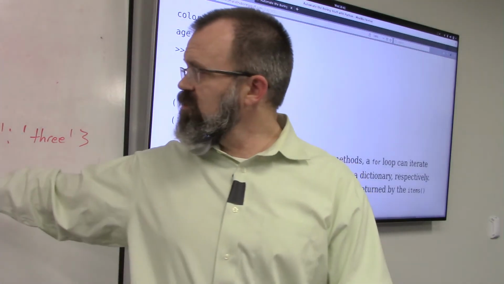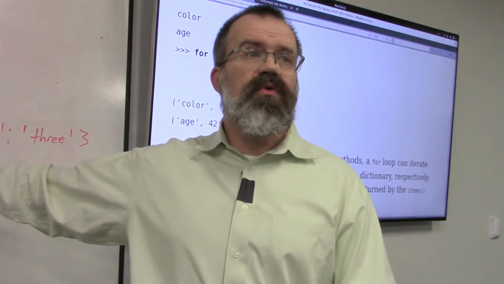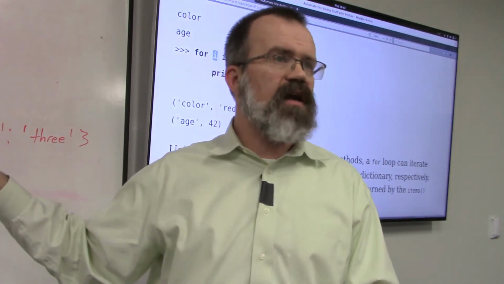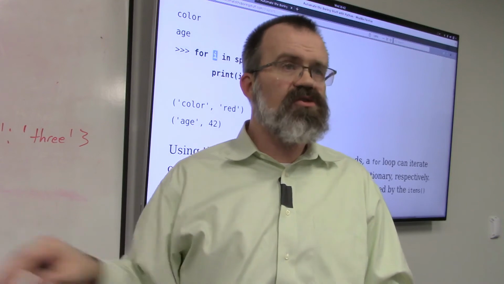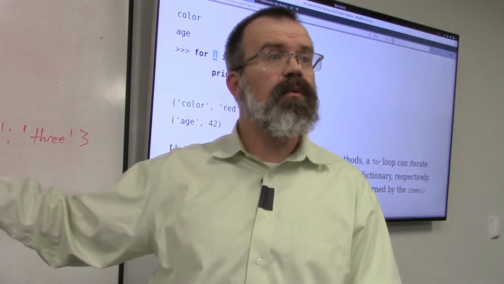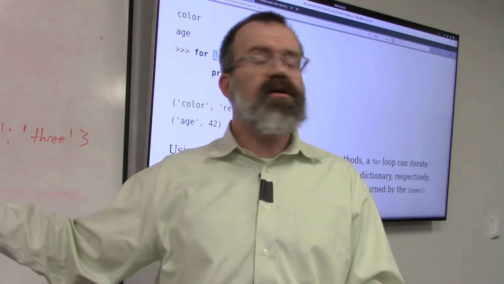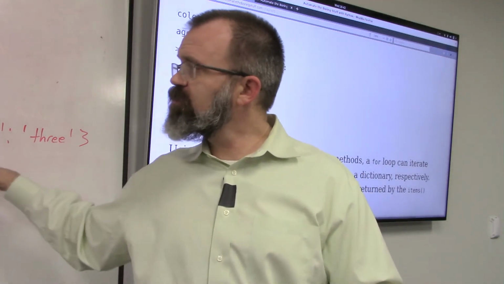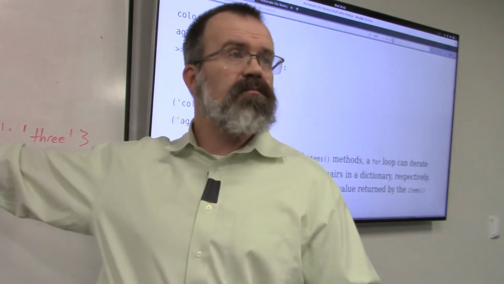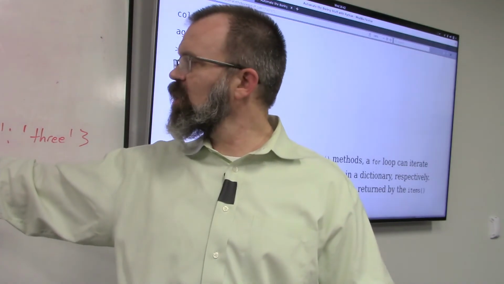Now, if I was using a dictionary, then it wouldn't matter where I had added that state into the dictionary, just as long as I added it correctly as a key with a value. Because dictionaries don't have an implicit ordering. I can't say the second item in the dictionary. I have to say something like the height in the dictionary.